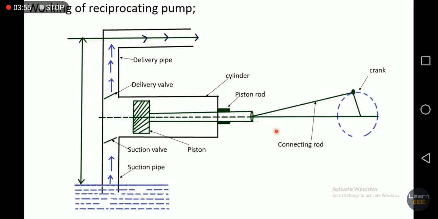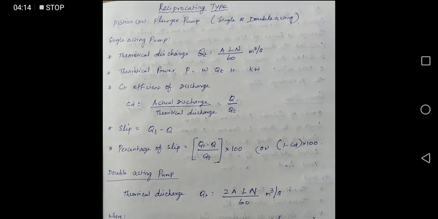The same cycle is followed. So water is sucked from the suction side, and based on the movement of the piston, the water goes to the delivery side. The reciprocating type pump is a single acting pump or a double acting pump.